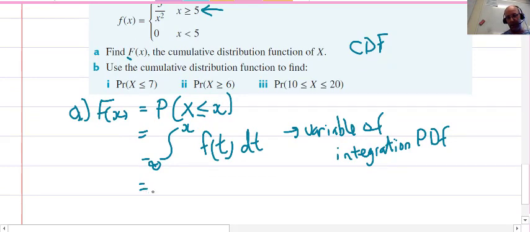Now we've got to make this more specific. So here, in this case, we've got capital F of x will be from, now see how it's 5, so it's 5 through to whatever x is, and that would be for f of t dt.